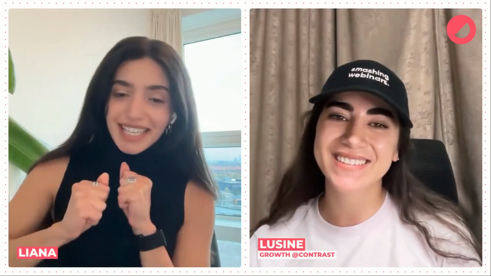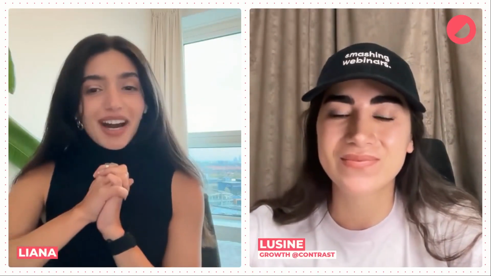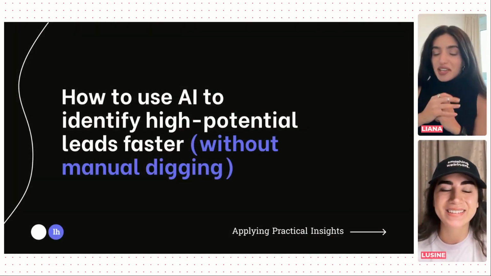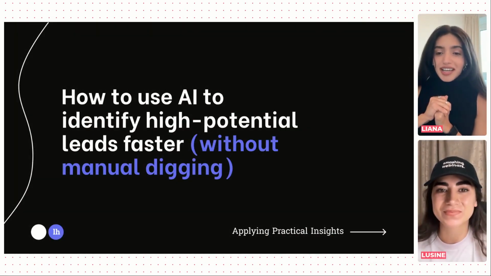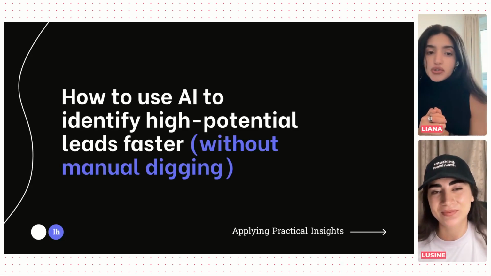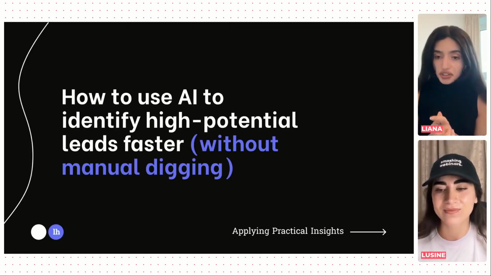Yeah, of course. So let's get started because I'm super excited to spend my Wednesday afternoon talking about the experimentations and passionate things I'm right now actually involved in. And as you already mentioned today, Lucina, the topic is going to be how we can, as marketeers and also salespeople, use AI to identify high potential leads faster.